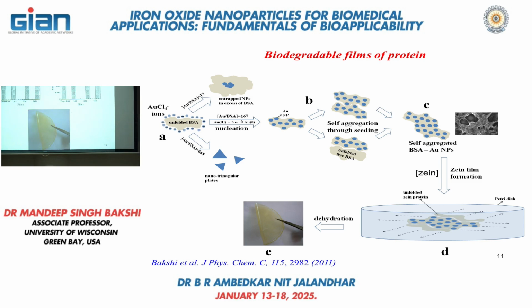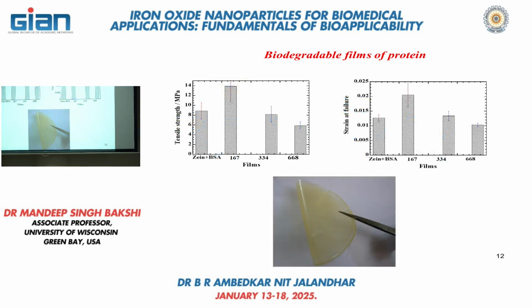So where you can use it? This is the tensile strength and strain at failure. These are the experimental data showing how strong this system is. For any kind of food packaging and other kind of packaging, when this film is going to decompose, the protein is going to be decomposed instantaneously or taken up by the insects or yeast available in the soil, and the gold nanoparticle, because it is metallic, is going to be disposed of anywhere.